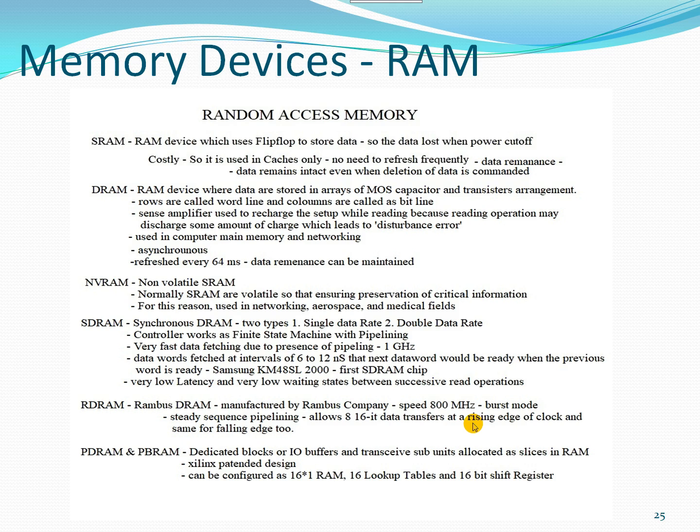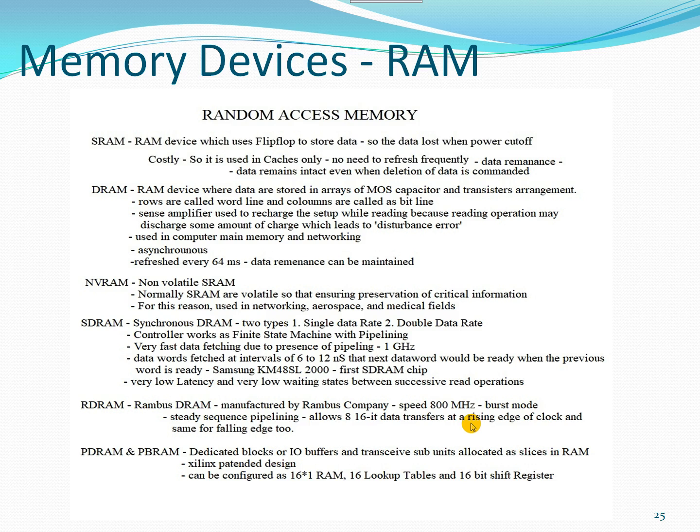And PDRAM and PBRAM are the parameterized distributed RAMs and the block RAMs. These are for dedicated purposes, because whenever we have multiple blocks of data, we need to have buffers for each and every communication line or each and every device we are using. So there are dedicated blocks for each external device connected, and the input output buffers too, and the transceiver subunits also.